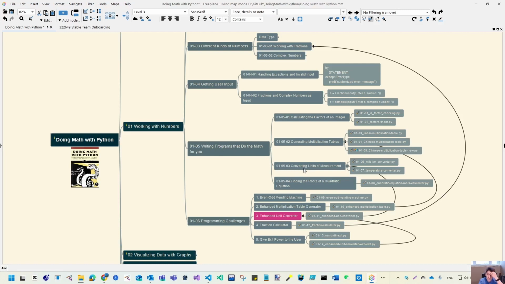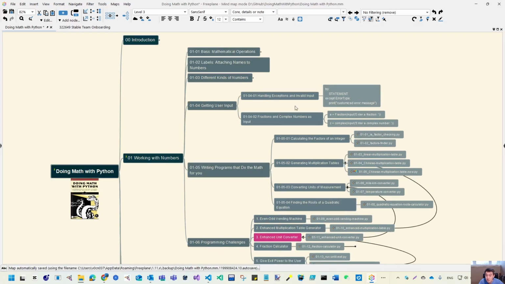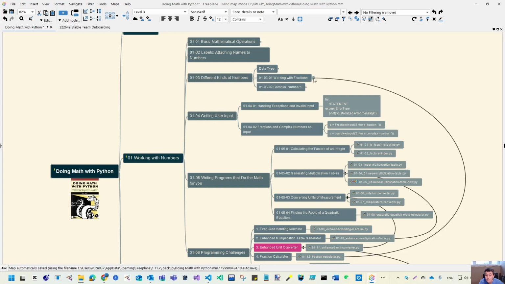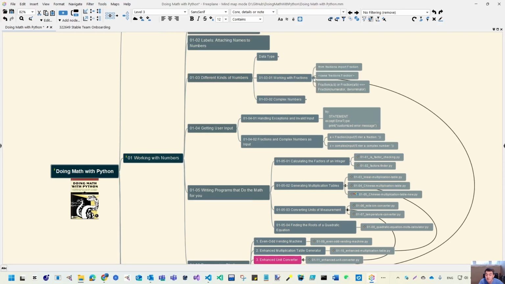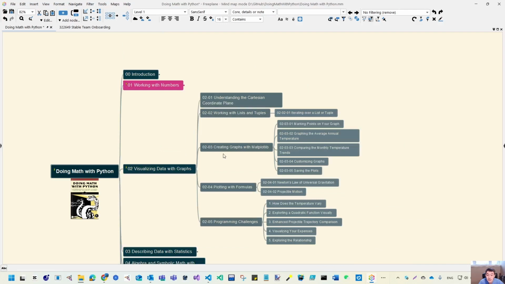So we did converting units of measurement and understanding the calculation logic. I have connected all of those knowledge points to each other. When you close those, you don't see the linkage, but when you expand, you can see they have linkages to different areas.